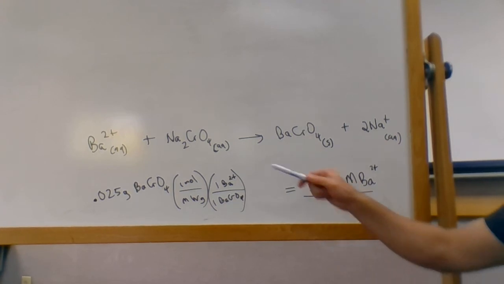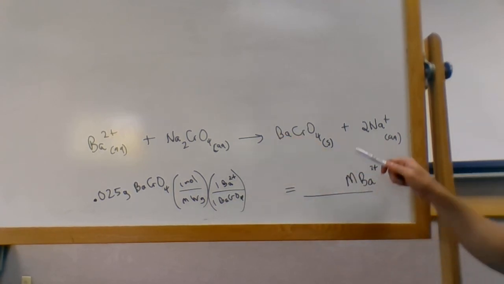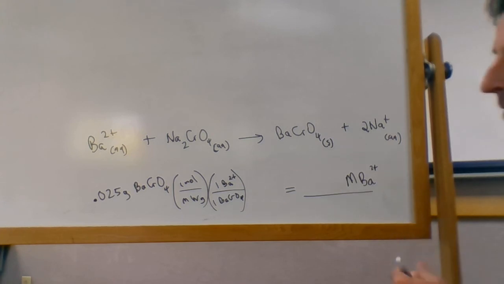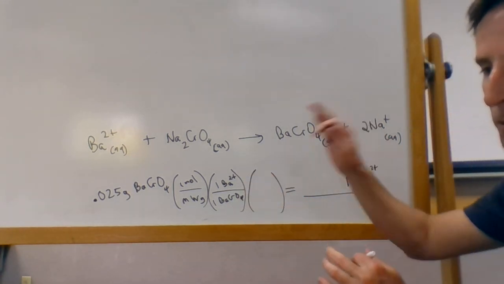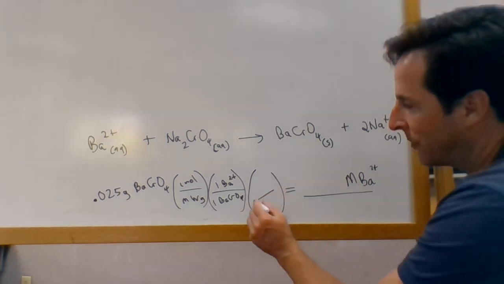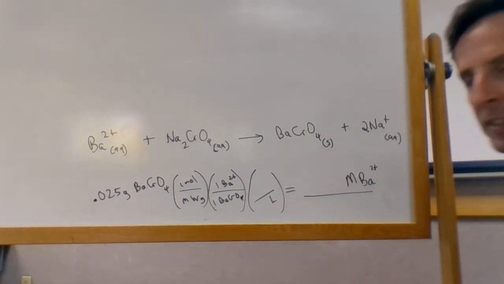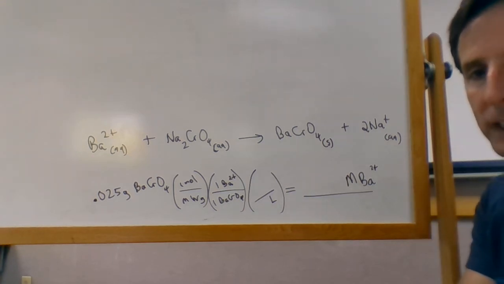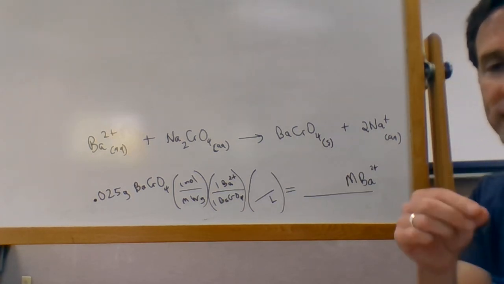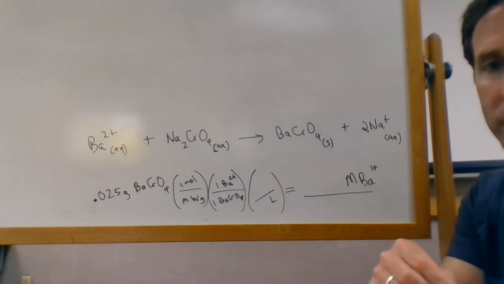Then, if I have the moles, the molarity is supposed to be the moles per liter. All that I need to do in the last step, I have moles on top already. I'm actually just going to divide by the liters of solution. Now this is where they gave me 2 volumes in the beginning of the problem, but I actually did the experiment with 10 milliliters.